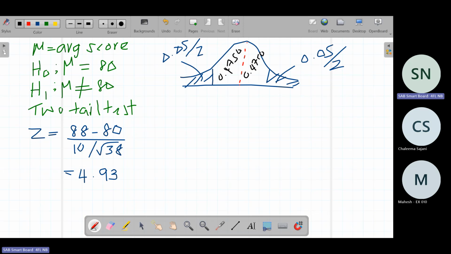X bar කියන්නේ sample mean එක. Both are mean. Source is different. Claim එකේදී අපි කතා කරන්නේ population mean. හරිද? Sample mean එක අපි calculate කරපු එක.